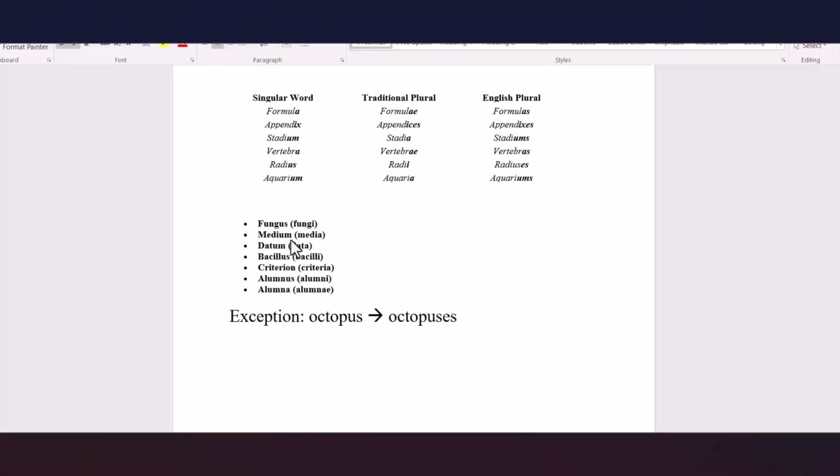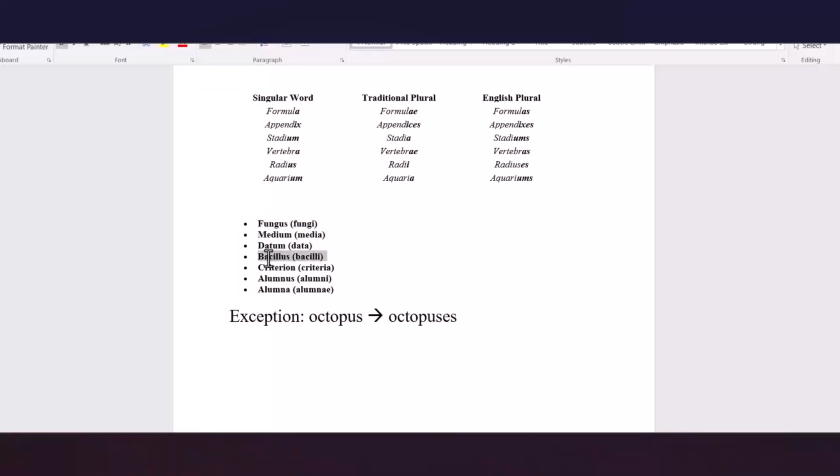Medium, media. Datum, data. It may interest you to know that data is not only a plural word. It is actually both plural and singular, but in Latin, it is a plural form of the singular word datum.